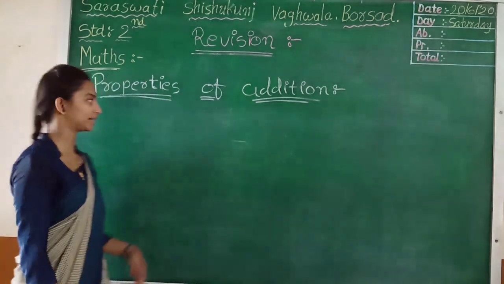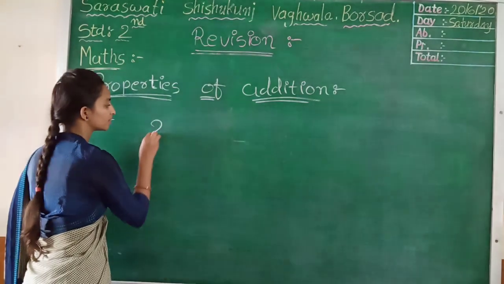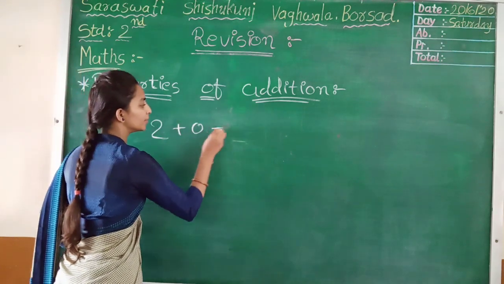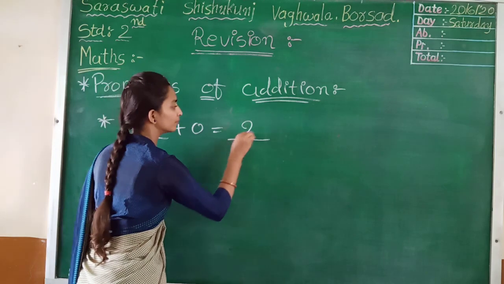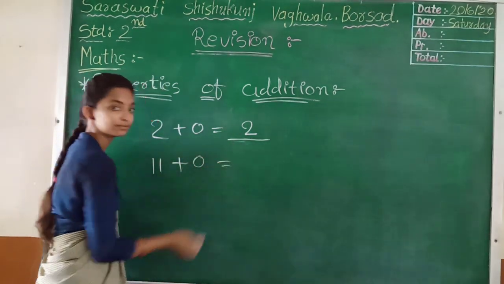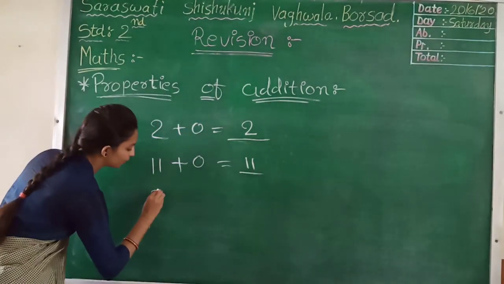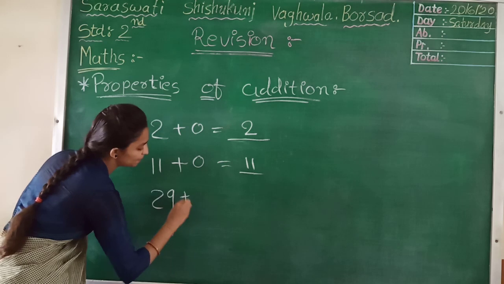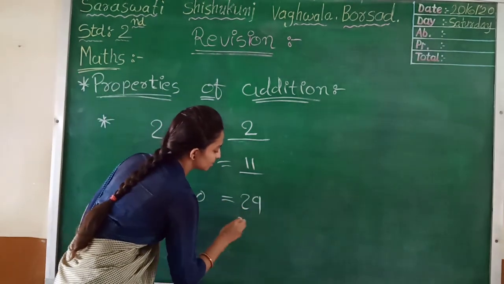Let's see the second property. 2 plus 0 is equal to 2. 11 plus 0 equal to 11. 29 plus 0 equal to 29.